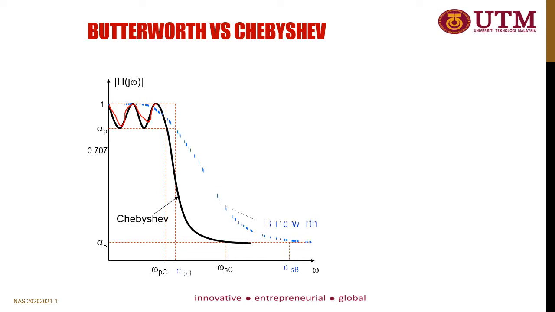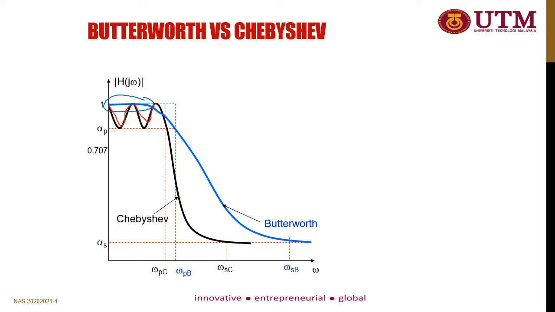Compared to that, the Butterworth filter has a flat top in the passband area. For Butterworth, the passband has a flat top signal, and then the roll off, the signal drops down a bit slower or more steadily compared to the Chebyshev filter, before it reaches the stop band.